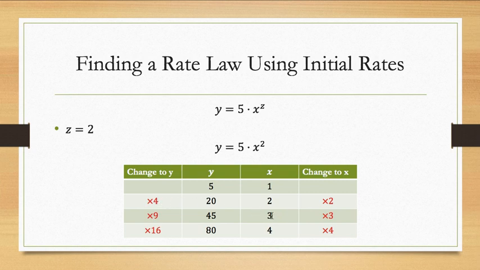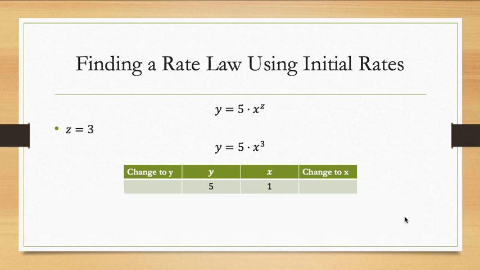If I do 3 times x, I end up with 3 squared, 9 times. And that's going to work out for any value we choose. If we did 5 times x, 5 squared would be 25, and we would get 25 times the change in y.